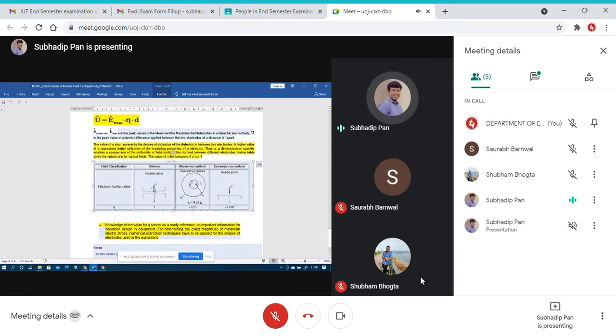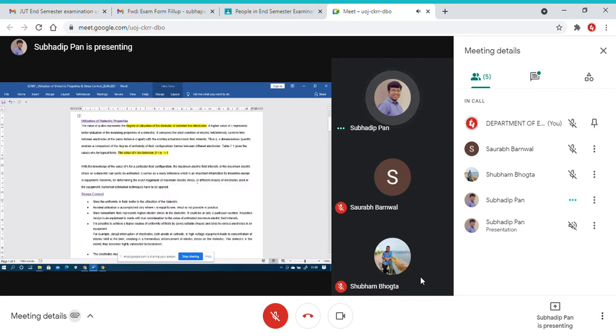This one is the parallel plates shape, this is the concentric cylinder shape, and this is the needle shape of electrodes. So it is written that for the different shapes of electrodes used in the equipments, numerical estimation techniques have to be applied for calculating the value of mu.